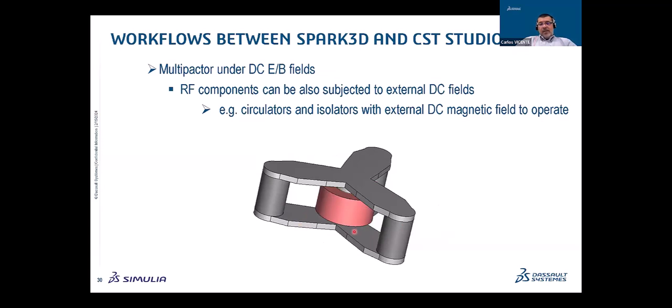Here you have the dielectric to sustain the piece, and here you have the ferromagnetic materials, which will make this device non-reciprocal. So this is where this magnetic field is important to bias the circulator.